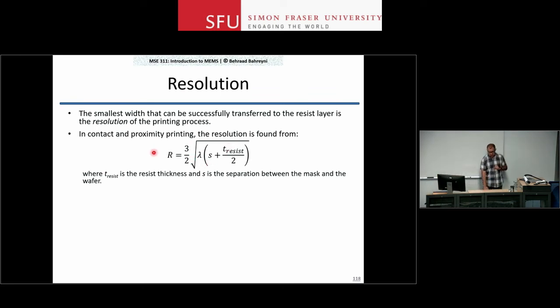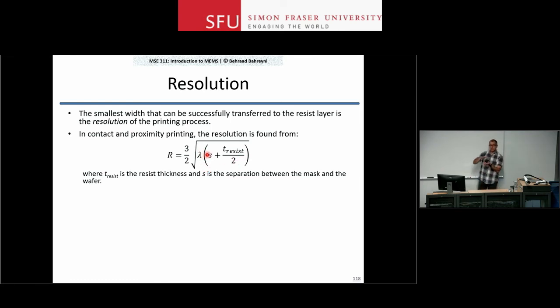So it says the resolution, which is the minimum line width that you can pattern, or the minimum gap that you can have between 2 pattern lines, is given by this expression. So let's not worry about this 3/2 factor here. Lambda is the wavelength of the light. Obviously, if you use the light with a shorter wavelength, you will get better resolution. You will have less problems with diffraction.